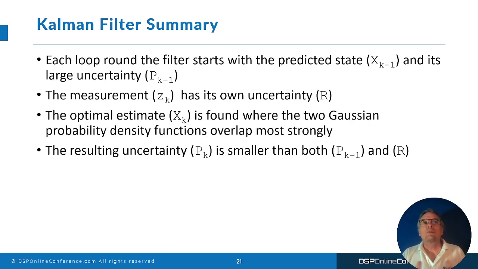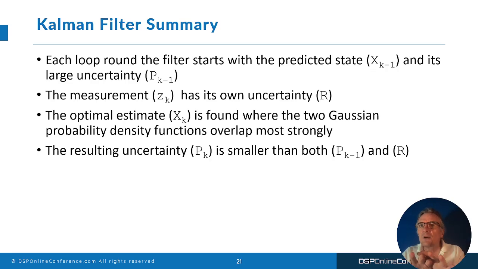So, quick summary. We have to go round the loop once per sample. We predict the new state and its uncertainty. We take in the new measurement, which has its own uncertainty. We compute the optimal estimate when we overlap those two Gaussian PDFs, probability density functions.